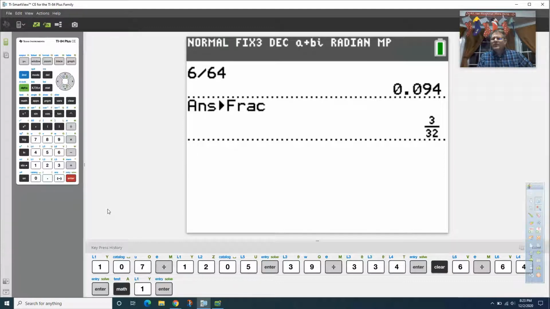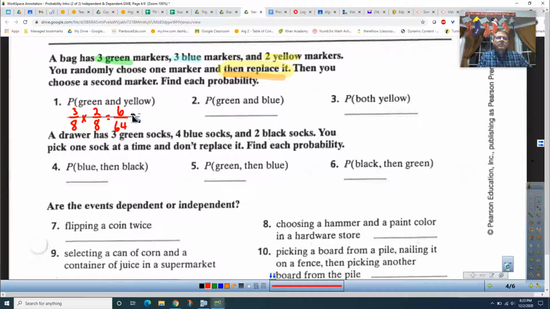There's no big deal if you got these nice calculators hanging around. Now, not that you should have to use it, but if you got it and you need it, use it. So 3 over 32 is what that would reduce down to, because we always reduce our fractions, okay? It's not saying anything about rounding to decimals, so I'm going to leave it as a fraction. So 3 out of 32 is your chances of getting a green and a yellow when you replace it.